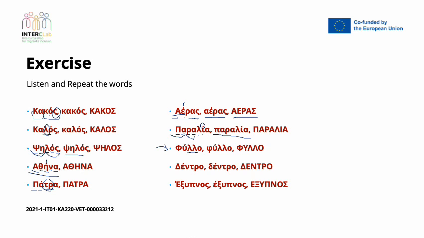Now, when you see 2 consonants next to each other which are the same, 2 L's, 2 K's, 2 P's, then you just pronounce them as if there is only one L. So let's try to pronounce it. It's F, I, L, and O. So altogether is filo, filo.